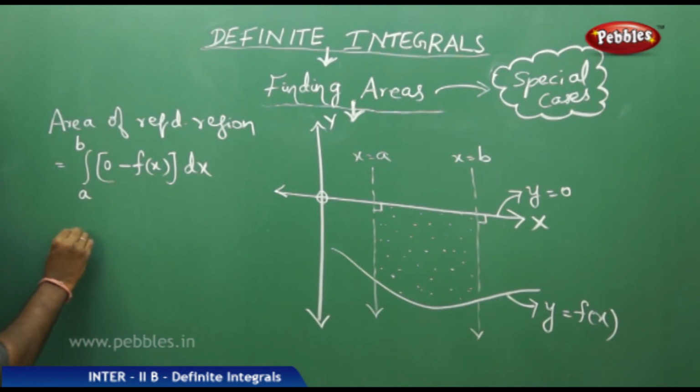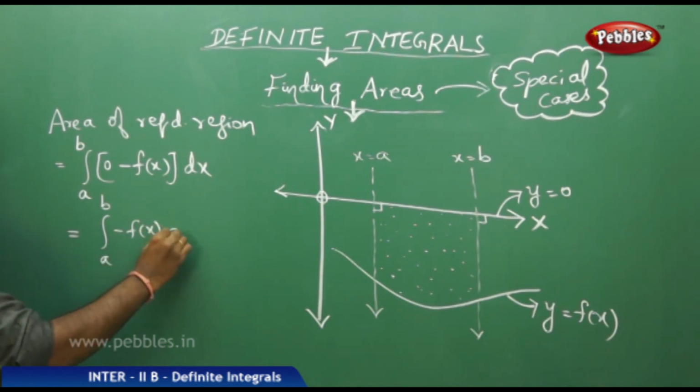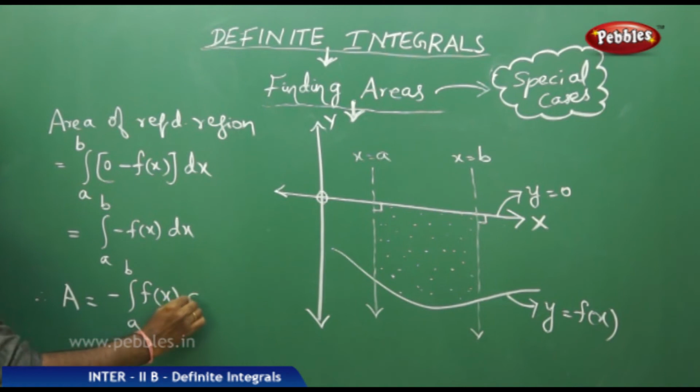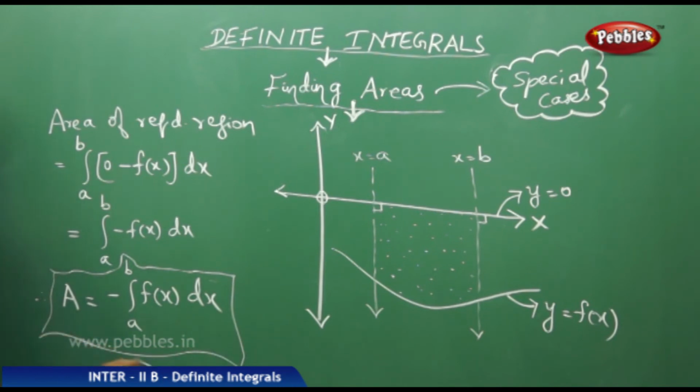Now when we simplify this further, I get the integral a to b of minus f of x dx. Therefore, the area is given by minus integral a to b f of x dx, is how we understand the area in case of the fourth quadrant.